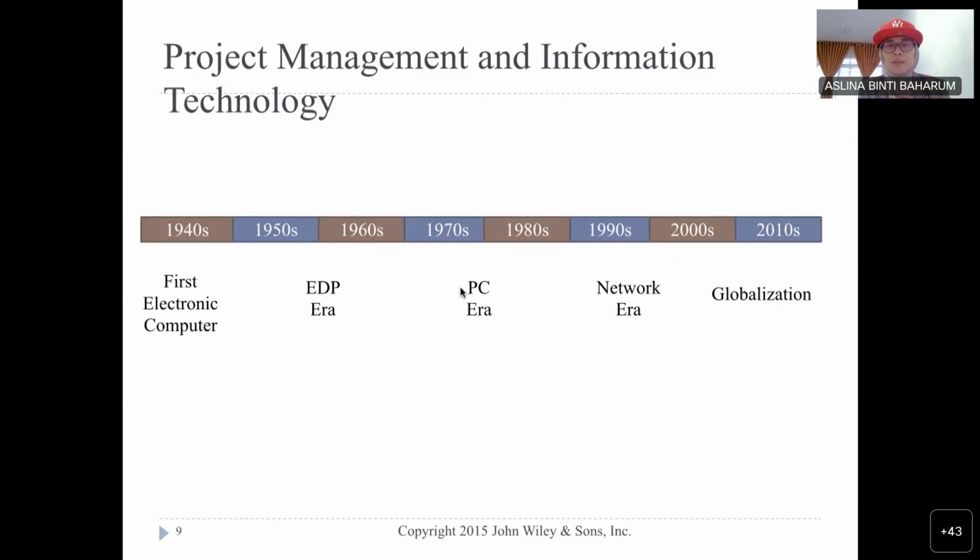And then PC era, and then network era 1990 to 2000, and finally we are going to globalization. Okay, before this it is normally within the internal network. Right? I'm not sure whether you already learned about network architecture. We have WAN, LAN, like that. So we are going through globalization. Globalization internationally, the system might be integrated with the international.